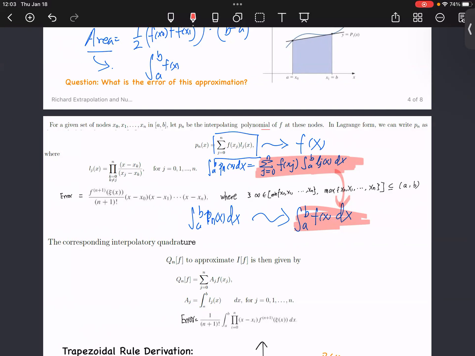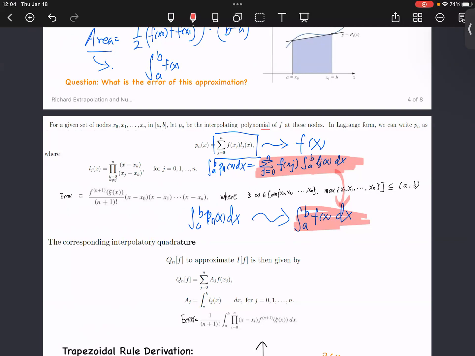Once again, we need to answer the question: what is the error of these approximations? This one is the approximation for f, the Lagrange polynomial. If we use this Lagrange polynomial and do the integration to get the approximation for the integral, hence we have the error.